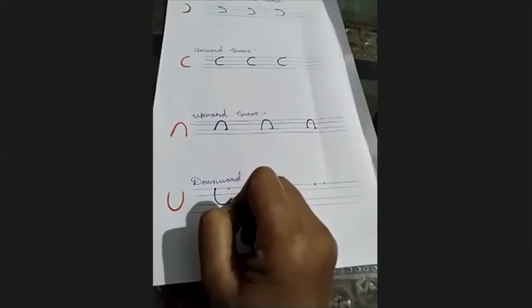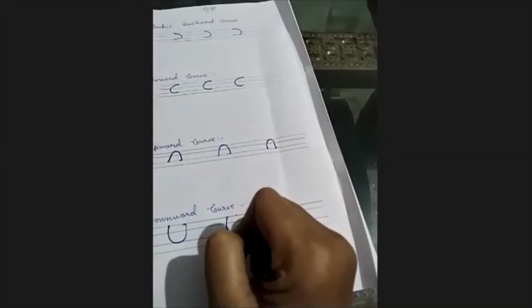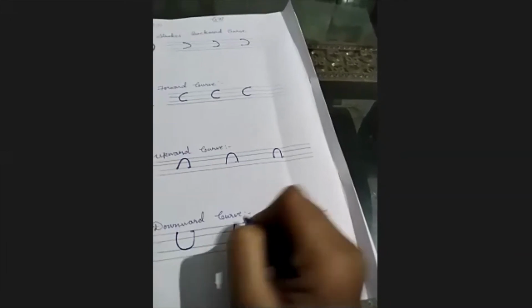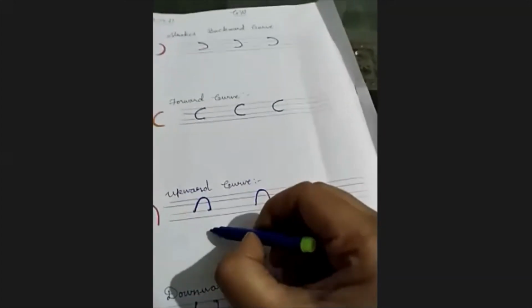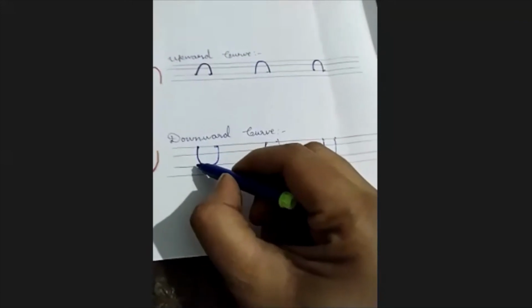Again, go up, touch the dot. So this is downward curve and this is upward curve. This curve is coming because we are moving towards upwards. So this is upward curve and here we are moving towards down. So this is downward curve.